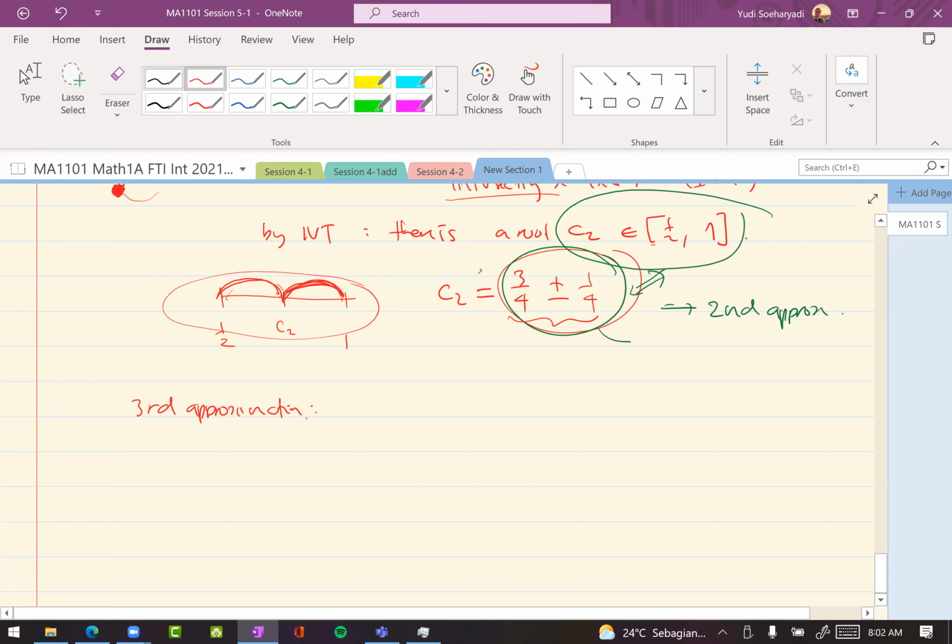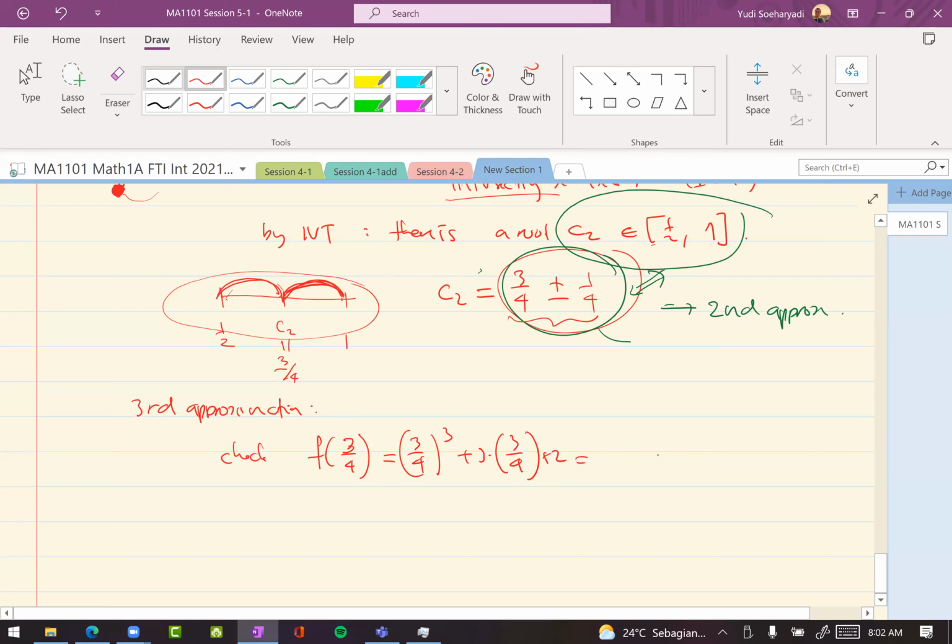Now it's between 3/4 and 1. So this is the situation. This is 3/4, so let's check this value. Let's compute it: 3/4 cubed plus 3.